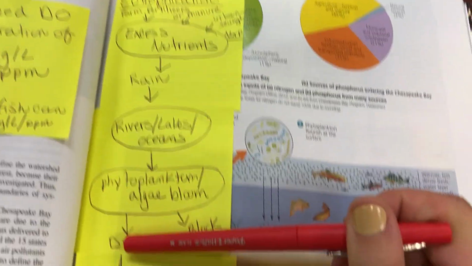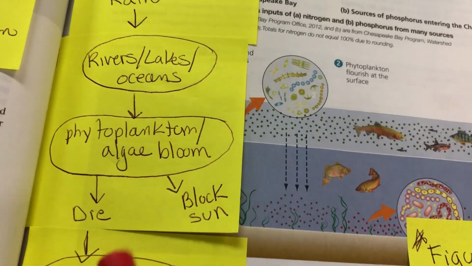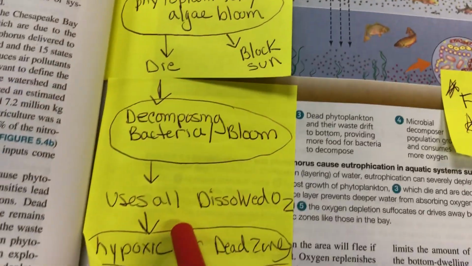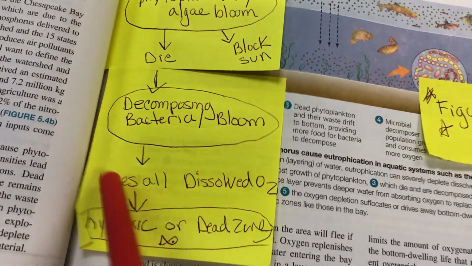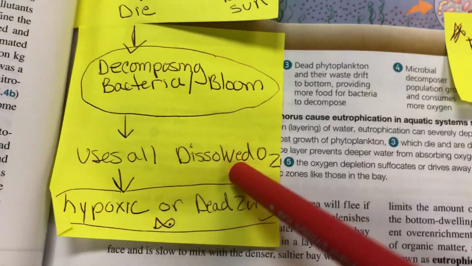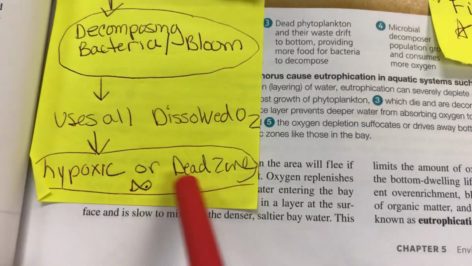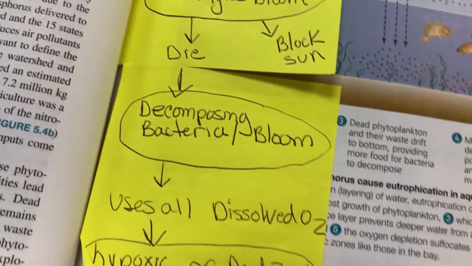Now, this is where it becomes bad. The decomposing bacteria of the algae blooms are using up all the dissolved oxygen. All right, so it's the decomposing part of the algae that causes us to lose the dissolved oxygen in our bodies of water that we need. And then eventually it causes hypoxia or a dead zone, and all of your aquatic life eventually dies.